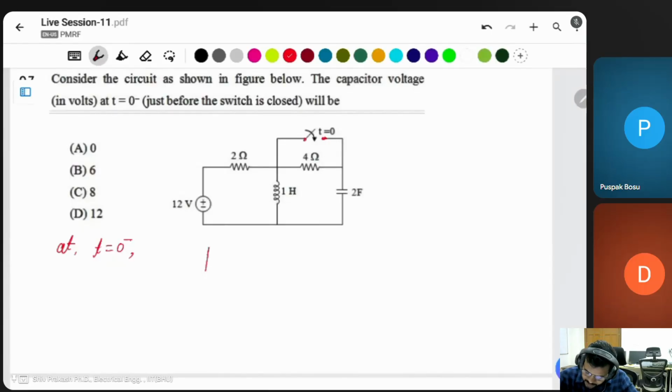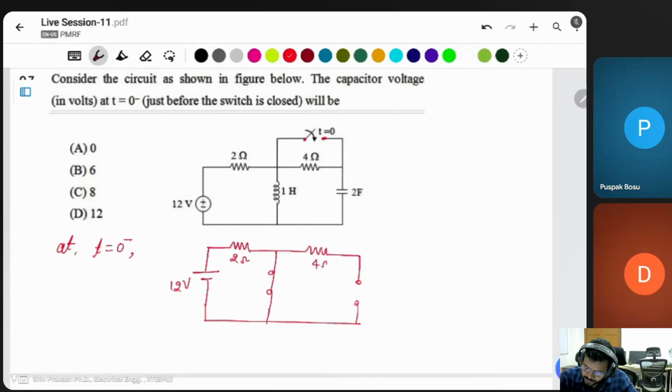Now what is the circuit? There is a voltage source, a resistor and an inductor; in steady state the inductor will be short circuited. The source is 12 volt, the resistor is 2 ohm, this is open circuit because the switch is not connected, then 1 Henry and 2 farad.